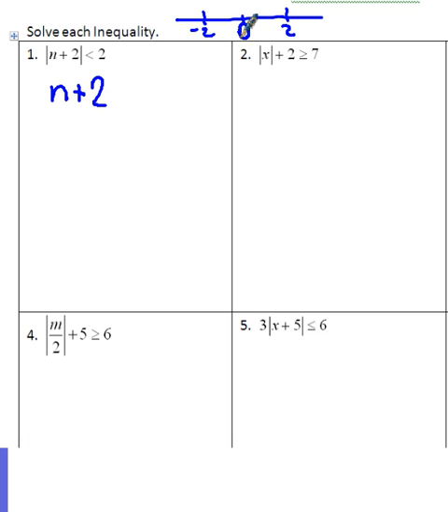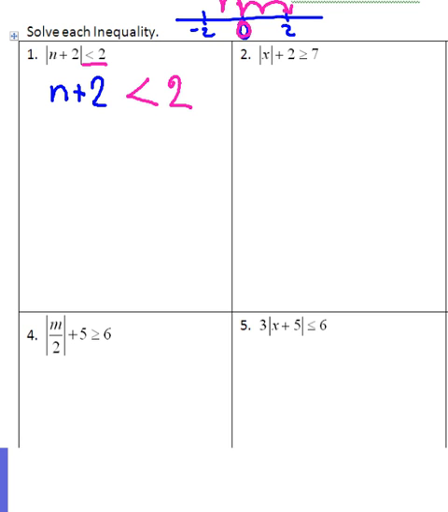We have 0 here on the number line, and the expression n plus 2 can be 2 units away from 0. So it can be less than 2, just like it's written in your original problem.